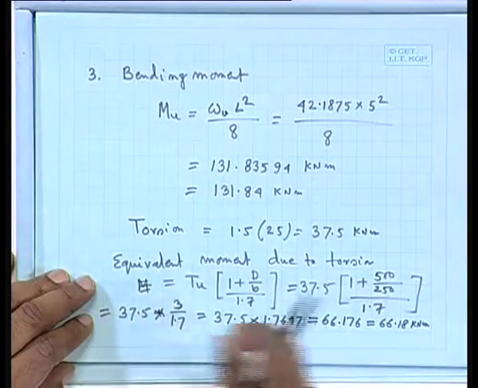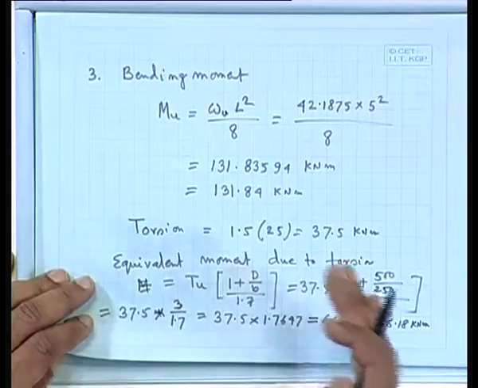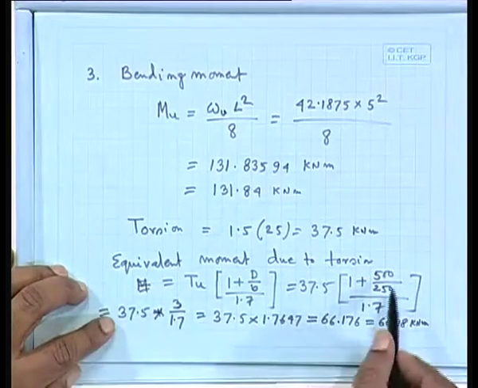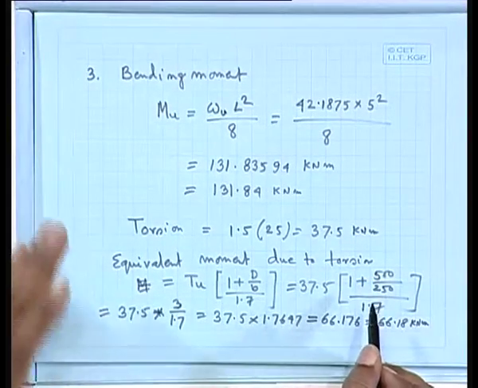If you do at least 4 or 5 problems like this, you will have an idea, and if you find any unusual value at any step, you can immediately understand that okay, there is something wrong. So each and every step you have to check, to find out whether you are making any calculation mistake or not.